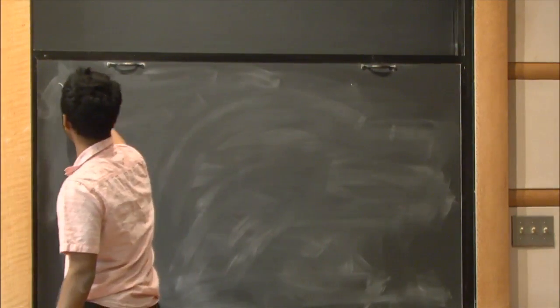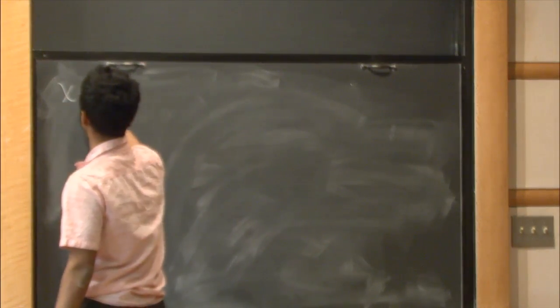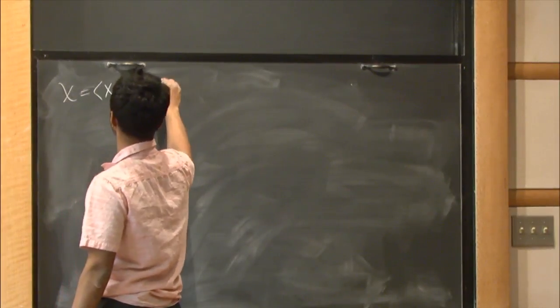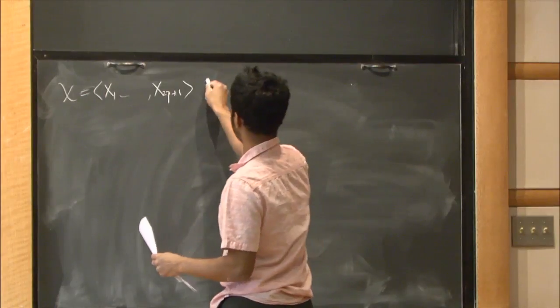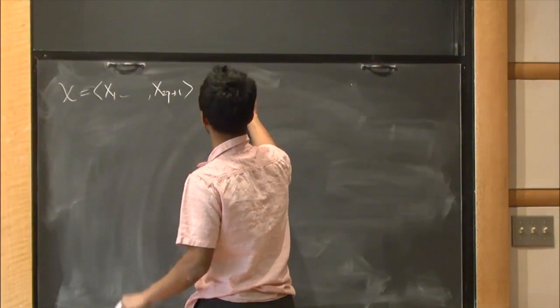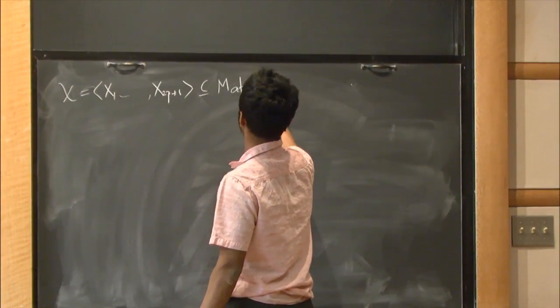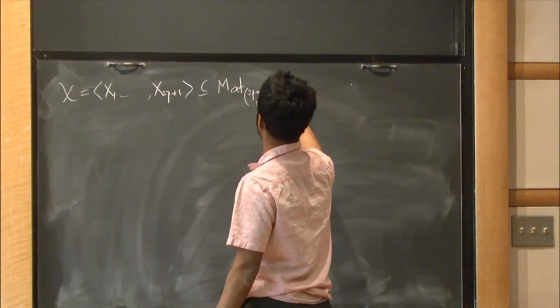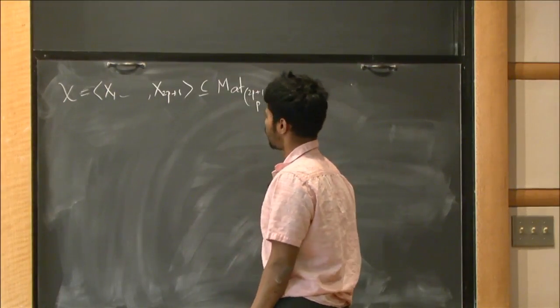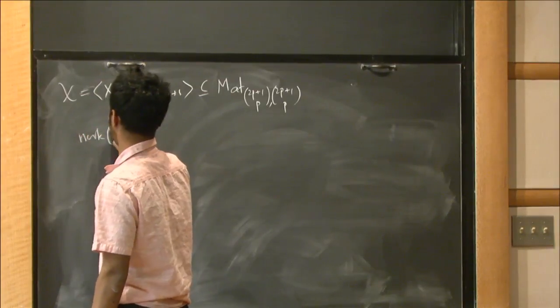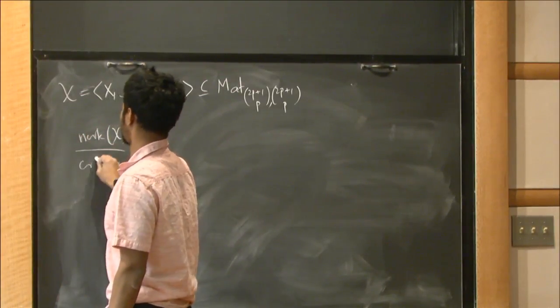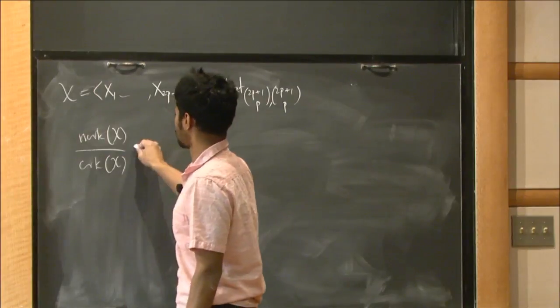Okay, so I take the subspace which is generated by all of these, x_1 to x_{2p+1}. It's a subspace of this big matrix space. And the claim is that the non-commutative rank over the commutative rank is getting close to 2.